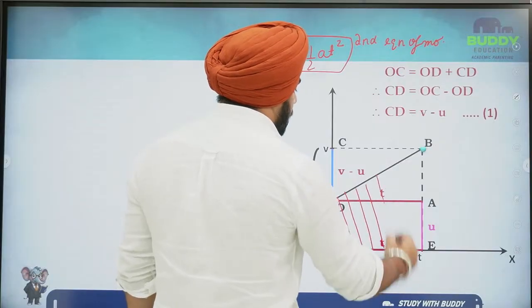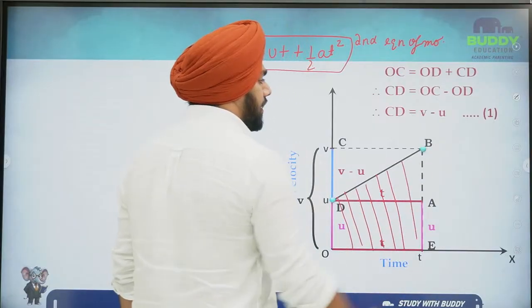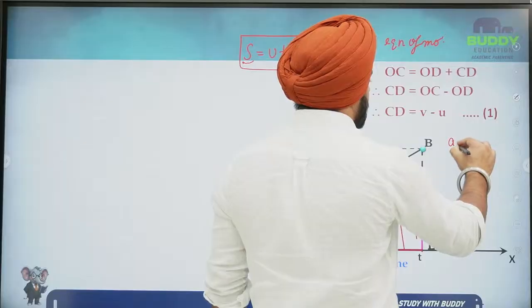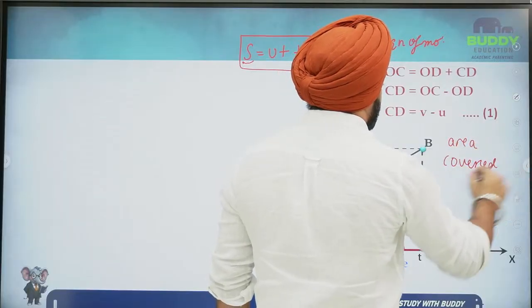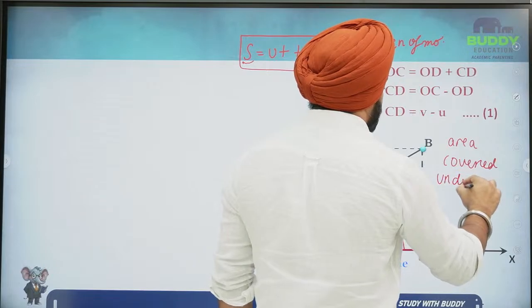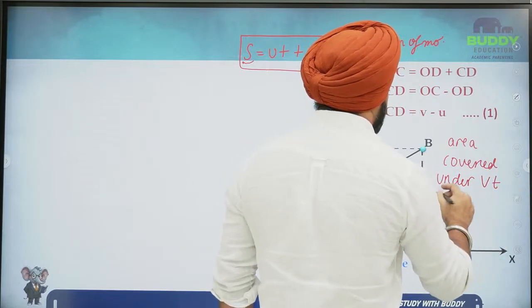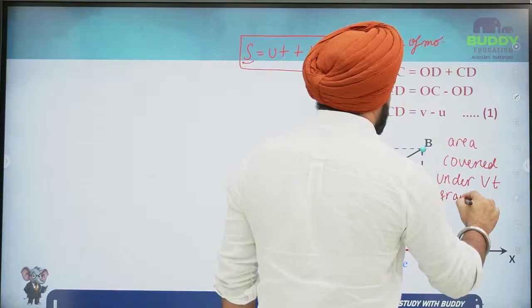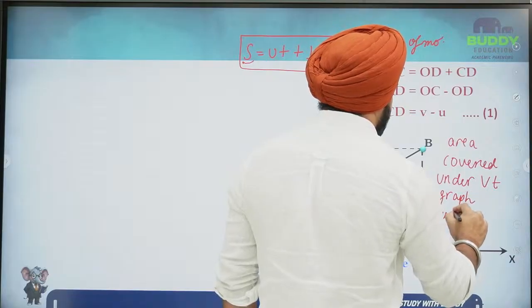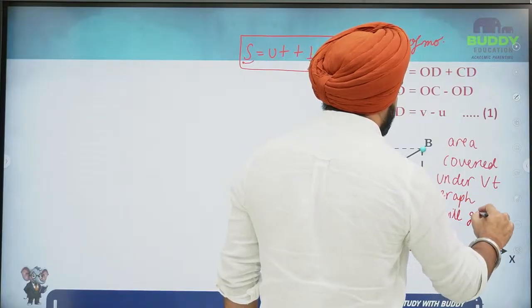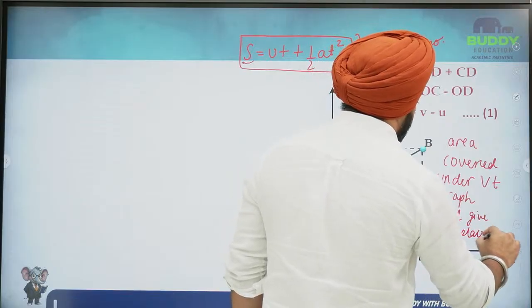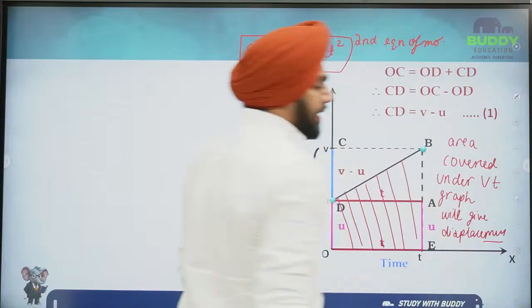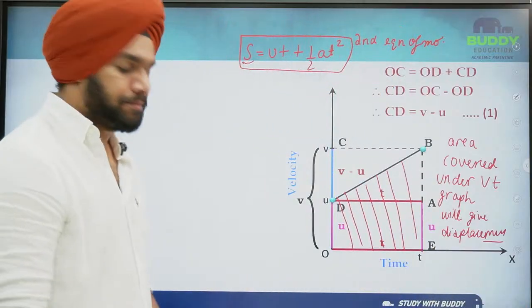I told you already that the area covered under a velocity time graph will give you displacement. Area covered under the VT graph will give you what? Displacement.